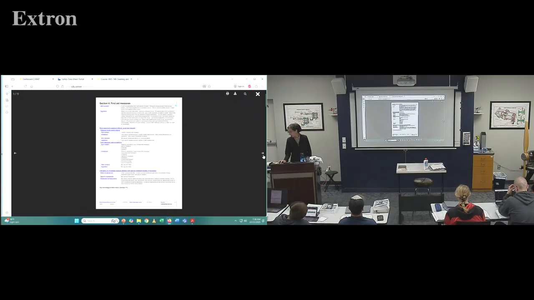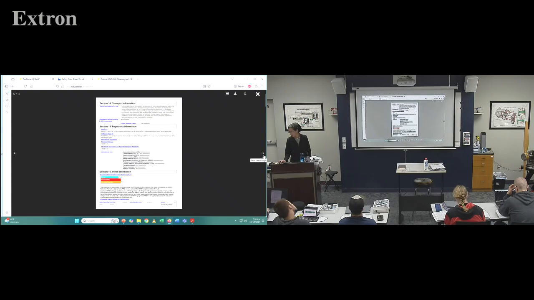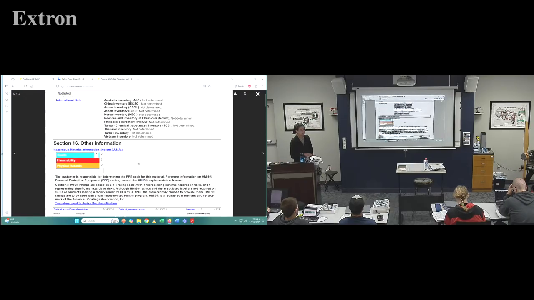So I'm going to go to the end of section 10. There we go. So this breaks down that diamond into here we have a 2 for health, 3 for flammability, 0 for physical hazards. So yeah, that's another quick reference.